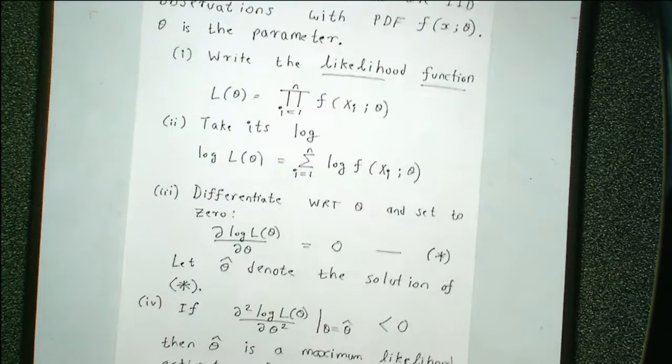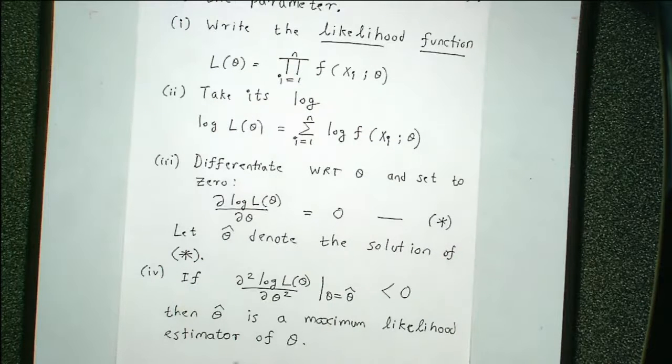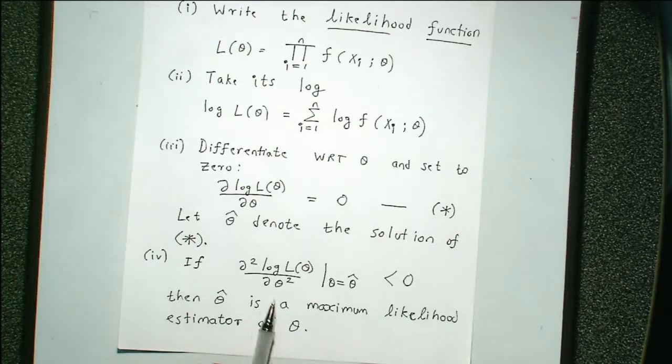And the fourth and final step is, if the second derivative of the log likelihood at theta equal to theta hat is a negative number, then you can say that theta hat is a maximum likelihood estimator of theta. All right, guys? So it's a simple procedure.